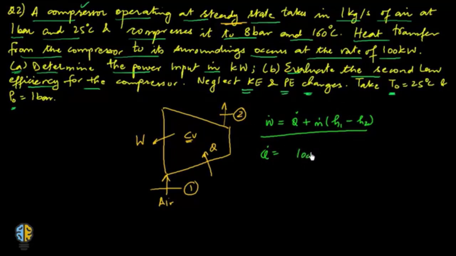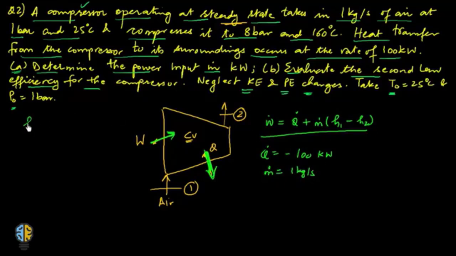The direction of the flow of heat is from the system to the surroundings, so it becomes a negative value: minus 100 kilowatts. The work should be the input in this case.